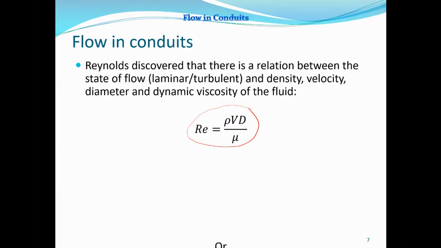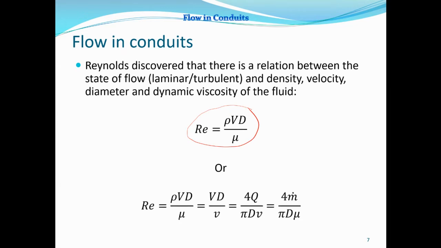Okay, V is the velocity and d is the pipe diameter. Of course, you know that nu, which is the kinematic viscosity, is mu over the density. So you can replace mu over rho, you put nu. Okay, so either this or this one.